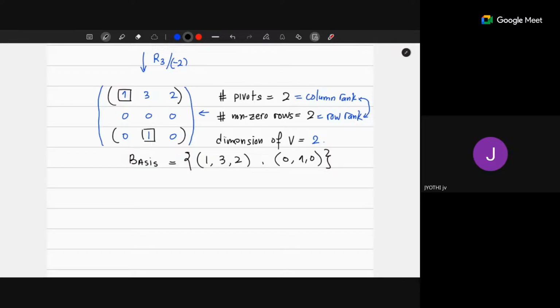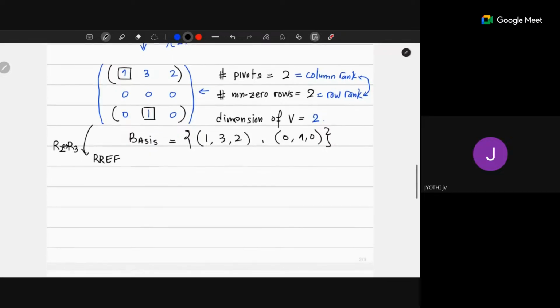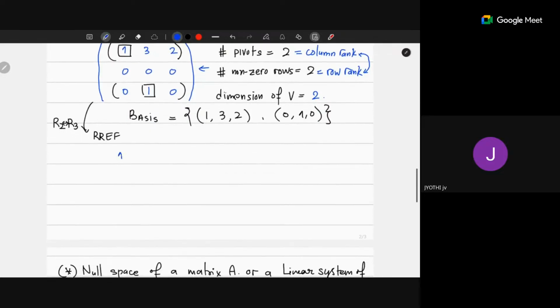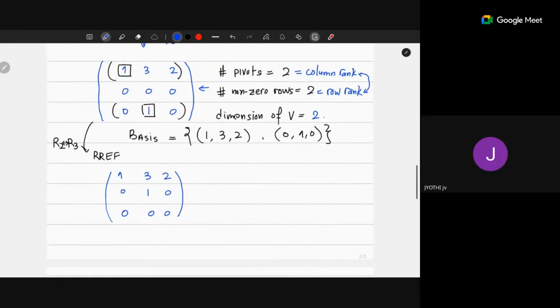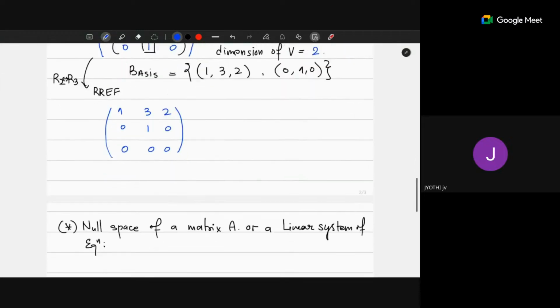But in order to obtain the proper row reduced echelon form, one needs to replace R2 by R3. That is a correct point. That is the reason we are using the column method, to select basis vectors from the original spanning set.